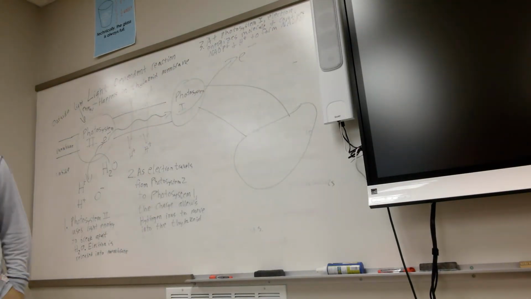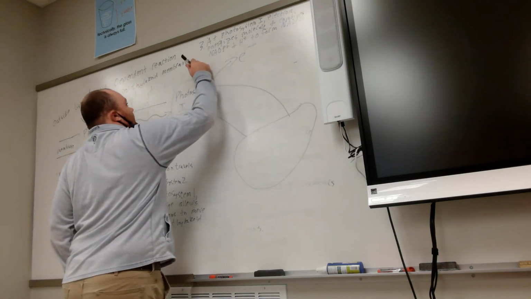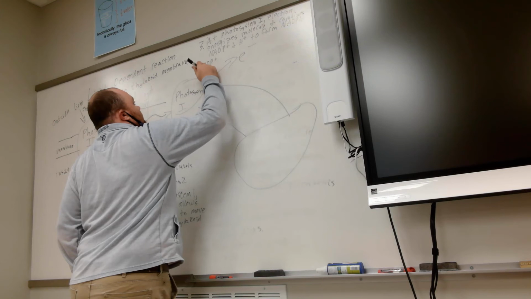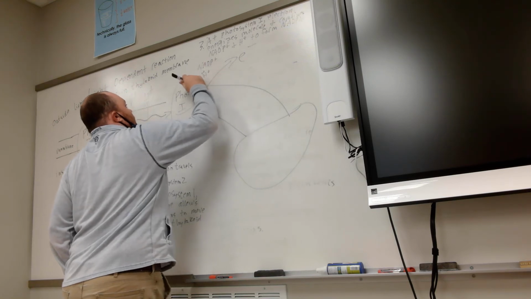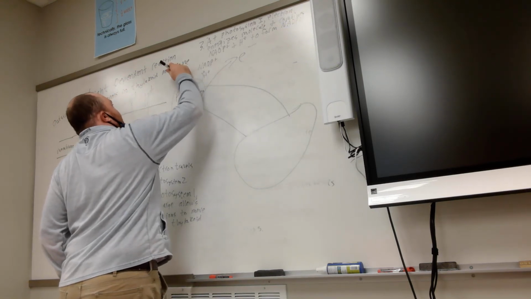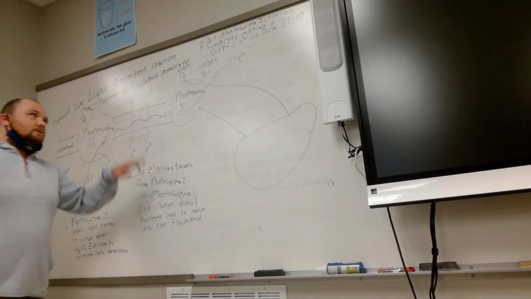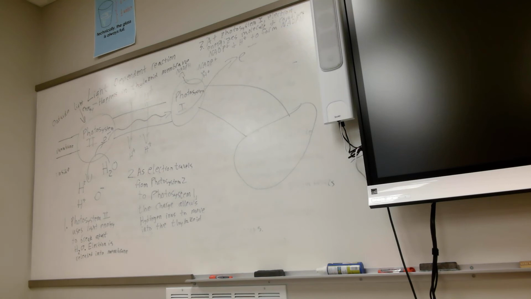We'll see why that gets used later. So we'll put NADP plus hydrogen in there, and then out you get NADPH. That's what's known as an electron carrier molecule, and we will discuss why that is important in a little bit.